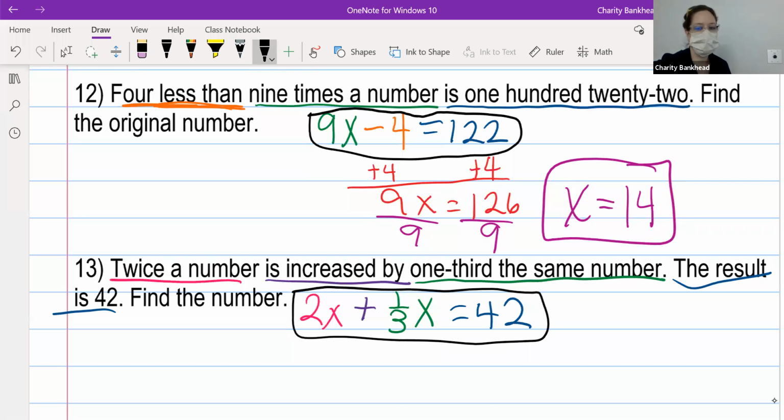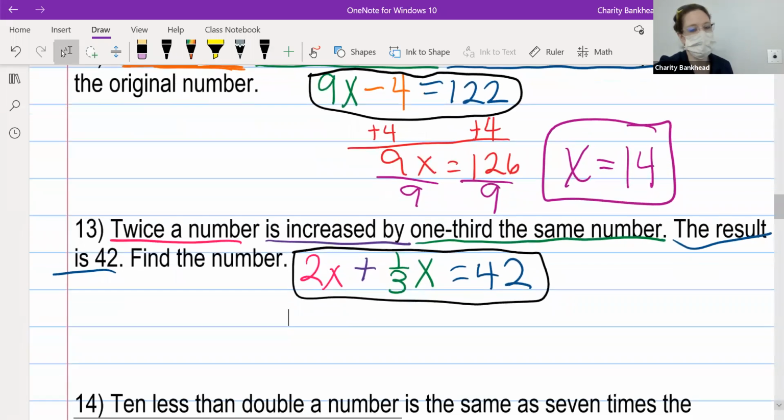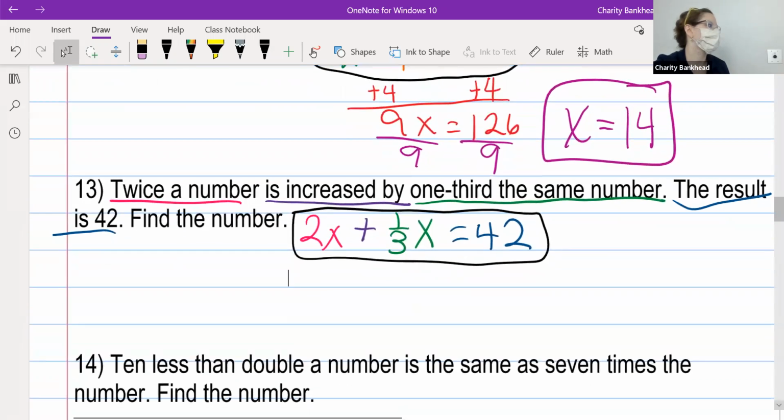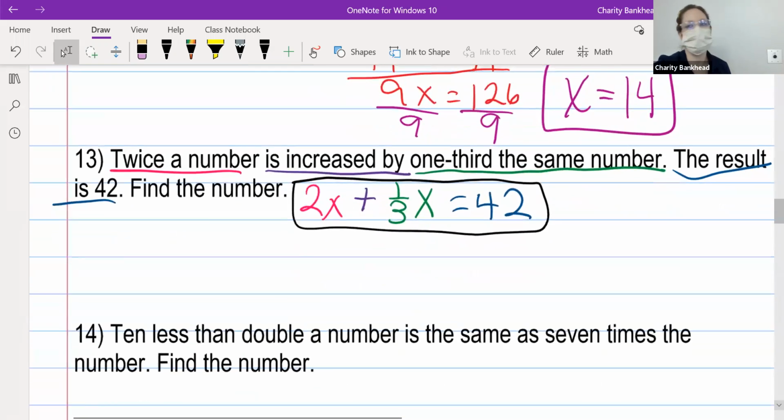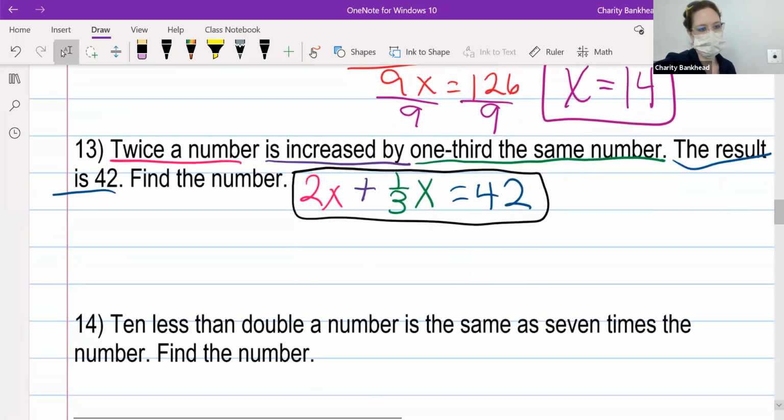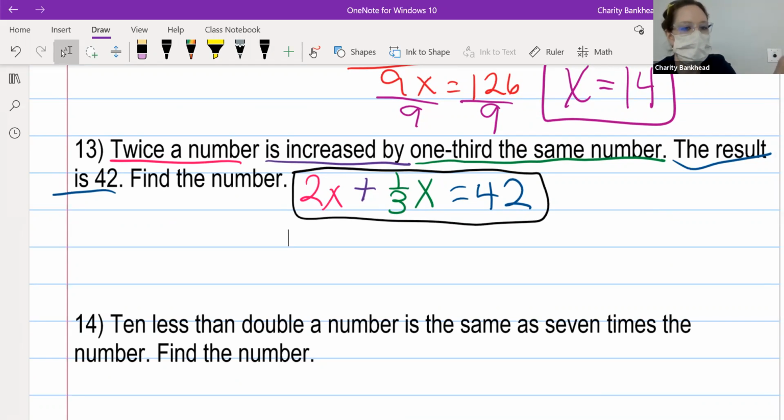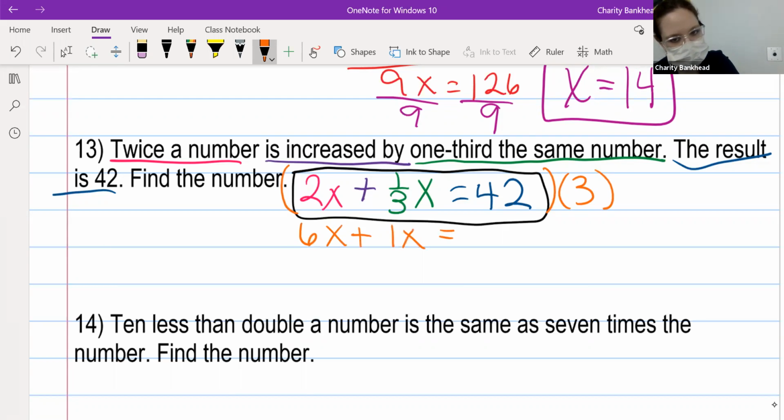And so then we need to find the number by solving it. So we could combine the like terms, but I think we'd rather get rid of the fraction. So there's only one denominator, which is 3. So we just need to multiply across the whole equation times 3. So multiply each term times 3, which would make it 6x plus 1x equals 126.